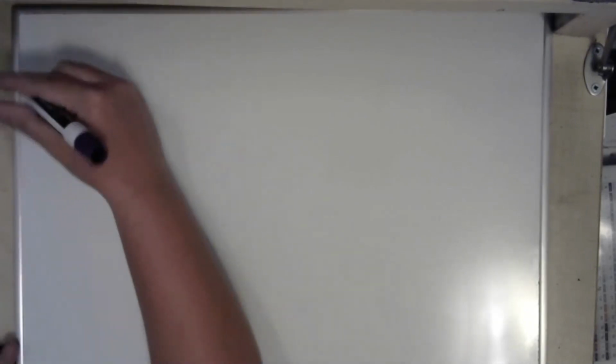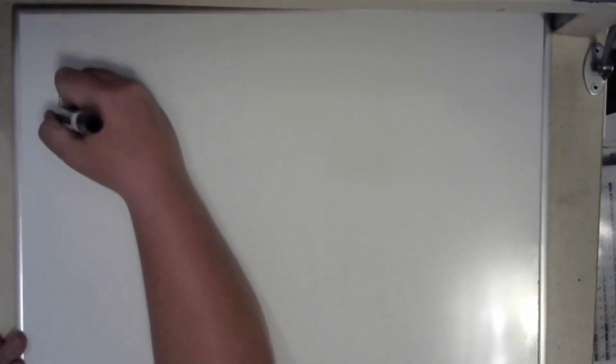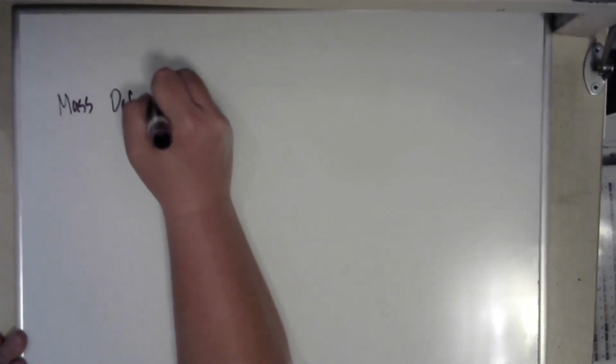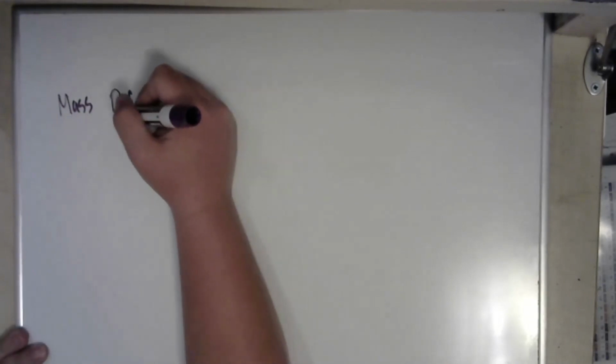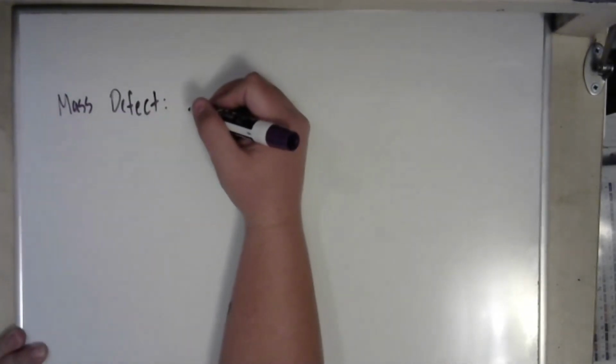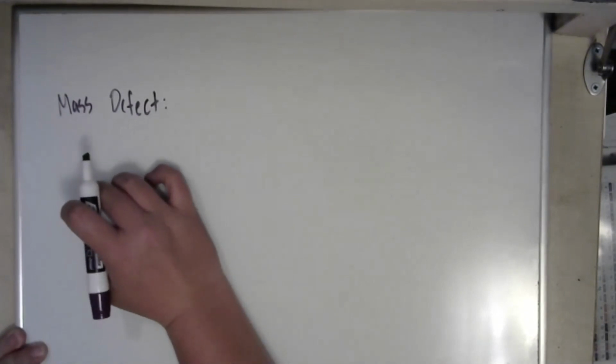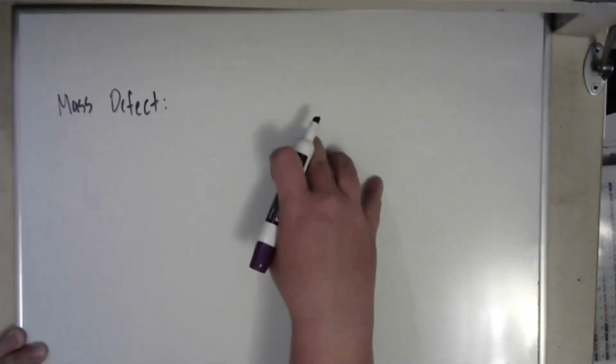So before we do this calculation, we should make sure that we all know what these terms mean. When we're talking about the term mass defect, we're talking about the difference in mass when you look at the nucleus of an atom, the mass of a nucleus, and compare it to the mass of the different particles that make up the nucleus. Does that make sense?